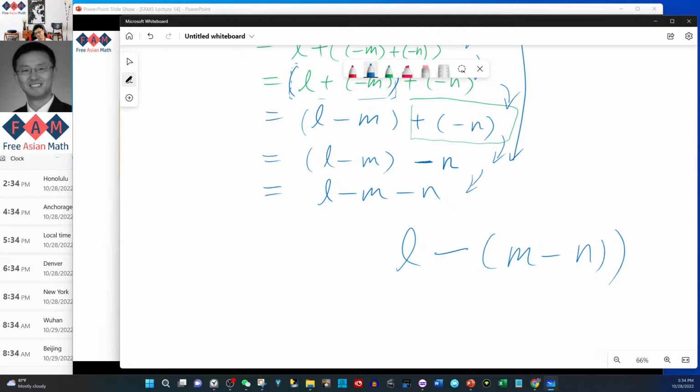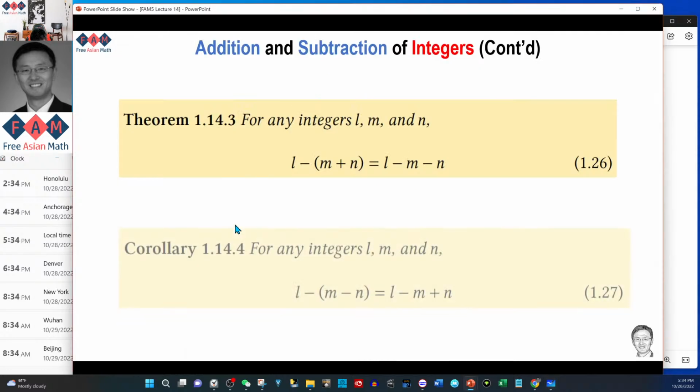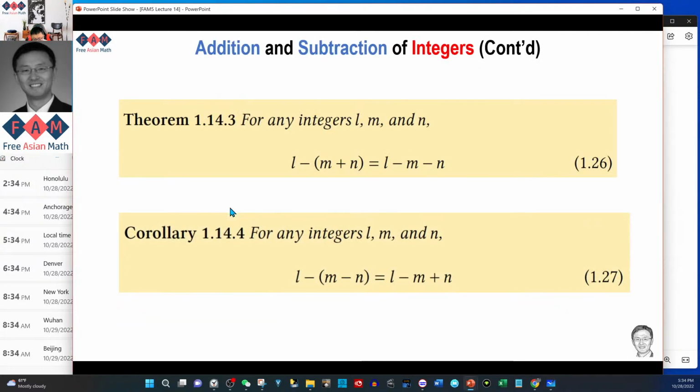Well, we will do exactly the same as last time. So this will have a corollary. L subtracting another subtraction inside the parenthesis will give you L subtracting the first operand inside that parenthesis, which is M, but plus N.